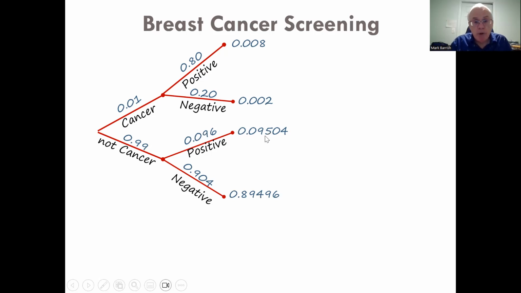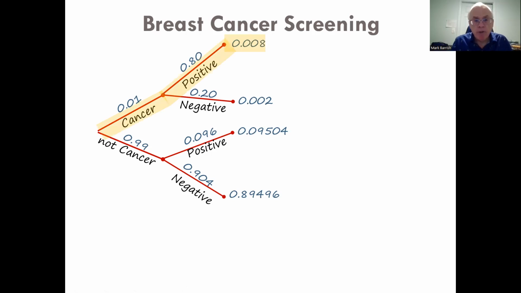And then these two numbers we multiply through, we get 0.99 times 0.096. That's the 0.09504, the probability that if you pick one of these women at random, they would not in reality have breast cancer, but they would have a positive diagnostic test. And then if you multiply these two numbers, 0.89496, this is the probability that if you pick a lady at random, they would not have cancer in reality, and they would also have a negative diagnostic test.